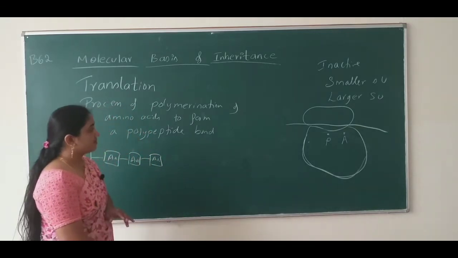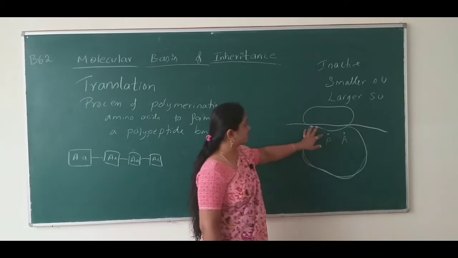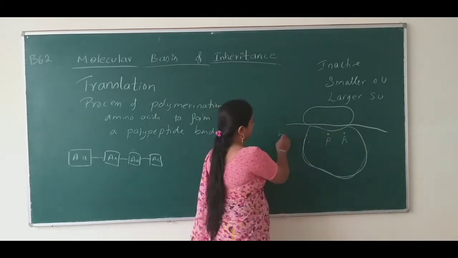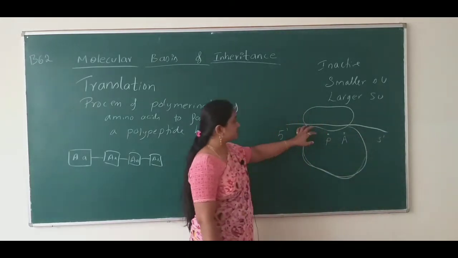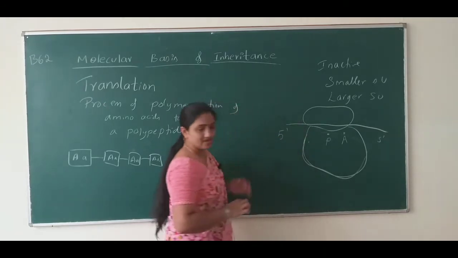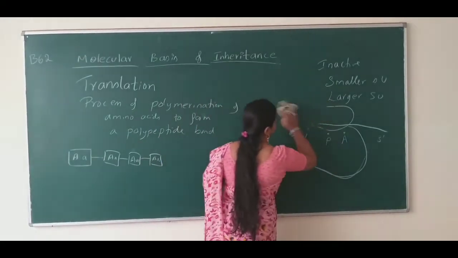Here, the smaller subunit gets attached to the mRNA. The mRNA orientation will be 5 prime to 3 prime. Let me draw the diagram one more time.